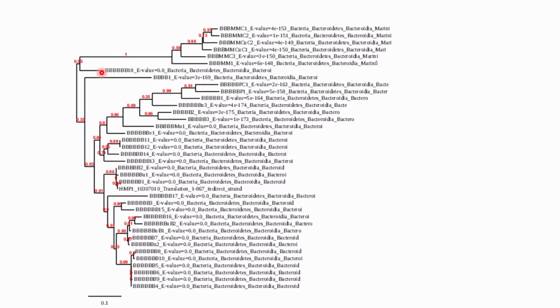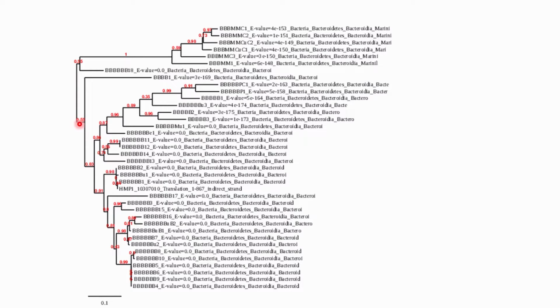At this point, I have only one BB1 from Bacteroidia at the end. So it cannot be considered as a monophyletic group because I do not have at least 3 members. And then I go down, 0.55 down.